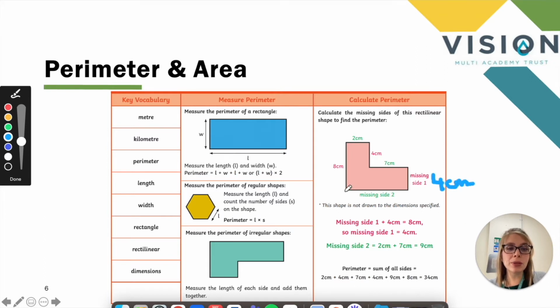And the same principle applies on here. So we can see that the length of this missing side is 2 centimetres plus 7 centimetres. So the length of this missing side is 9 centimetres. So then all we need to do is add all the sides, including the missing sides, together to get our total perimeter.